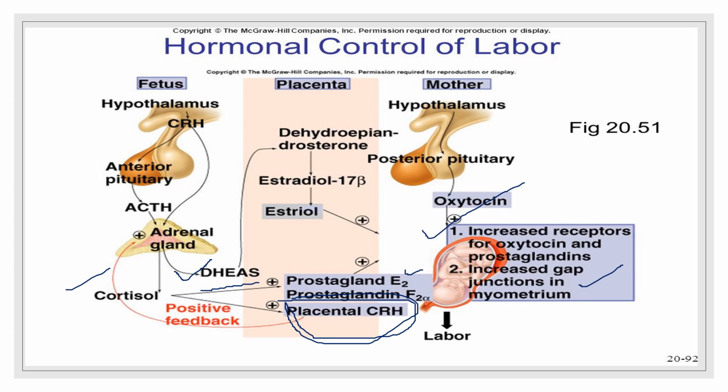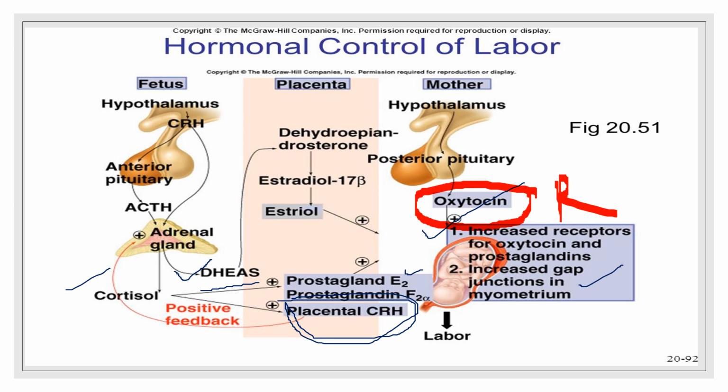And most importantly, it increases the oxytocin receptors at the myometrium or the decidua. So the number of oxytocin receptors will be increased in the decidua. Decidua means the part of the endometrium that is covering where the fetus is implanted.